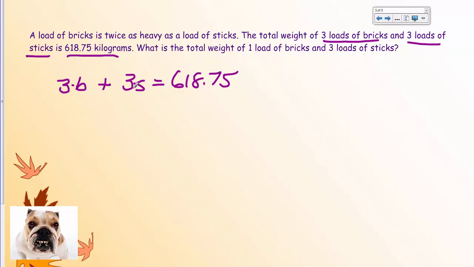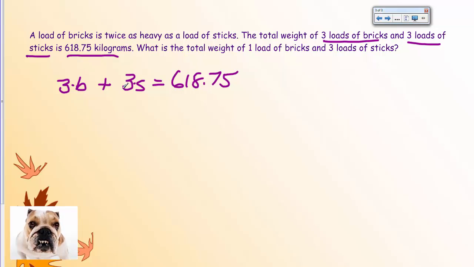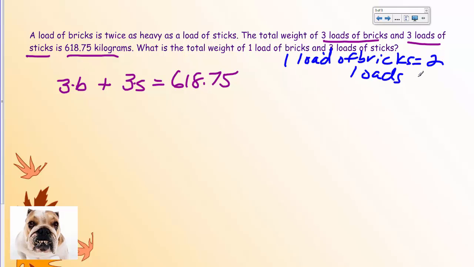Here, the same thing. Now I want you to think of it this way. The problem says the bricks are twice as heavy. So when I look at that, immediately I'm thinking, in order to get one load of brick to be the same as one load of bricks, I need 2 loads of sticks.